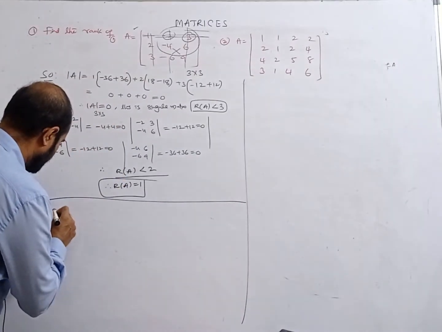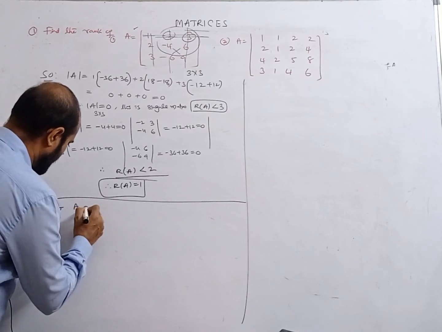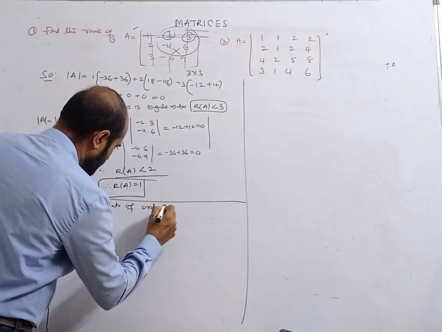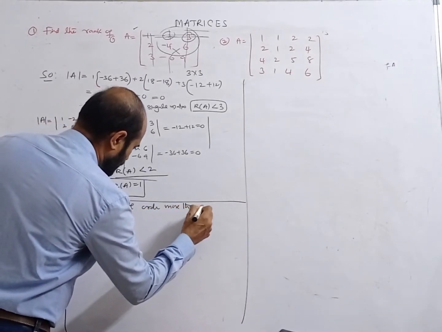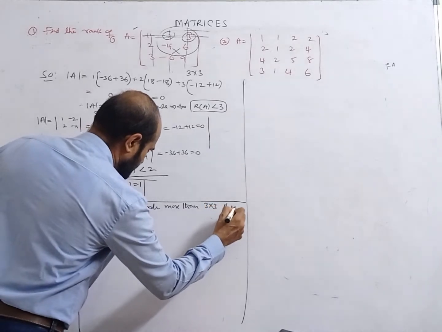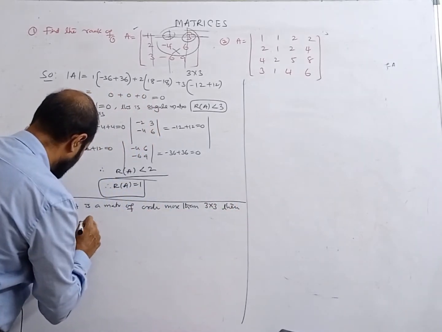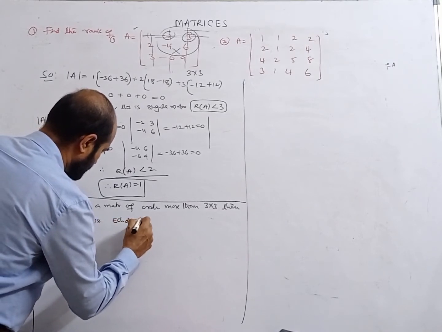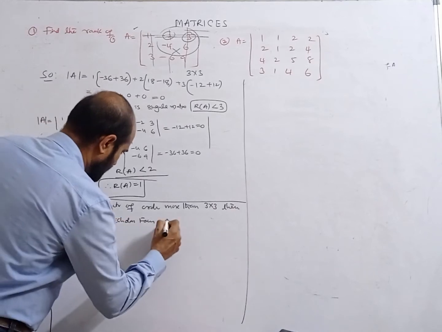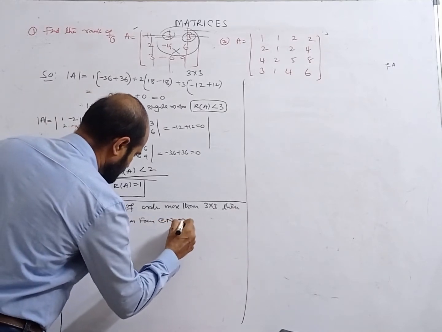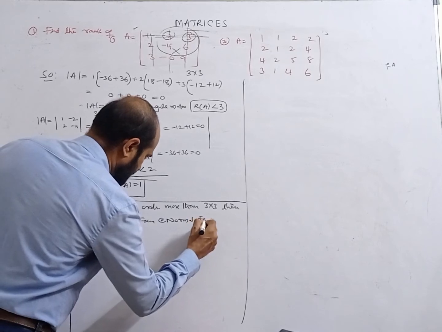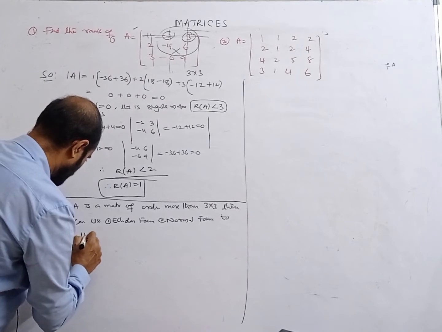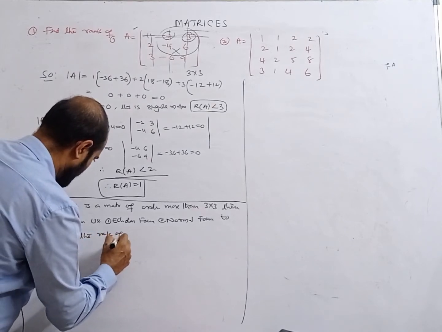Say if A is a matrix of order more than 3 by 3, then we can use echelon form, first one, and normal form, the second one, also called the normal method, to find the rank of the matrix.